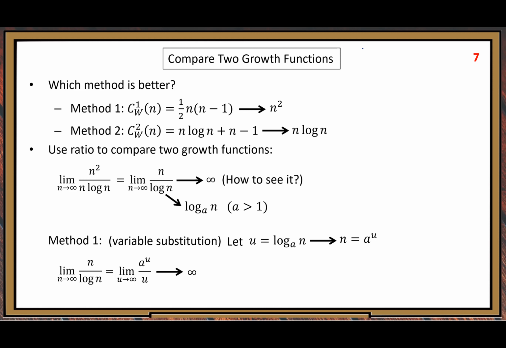Can you see that? Because we know an exponential function dominates any polynomial, right? Exponential function always dominates any polynomial. This is a special polynomial. This is an exponential function, and an exponential function dominates any polynomial. That's our real life experience.